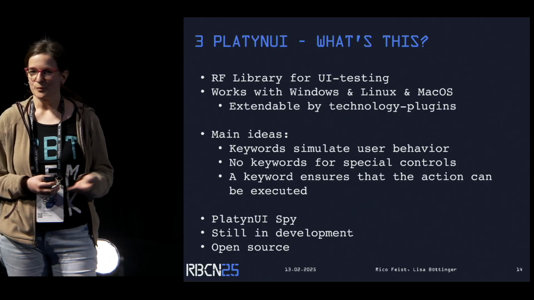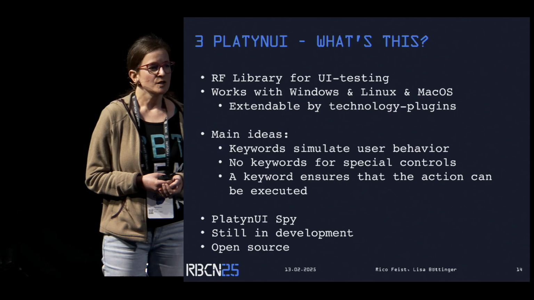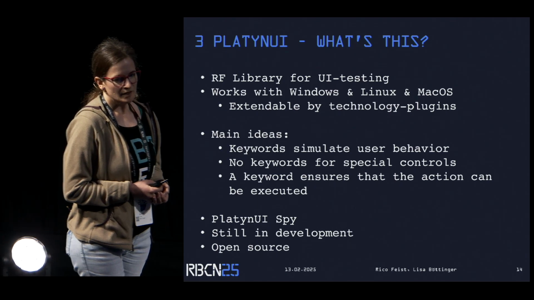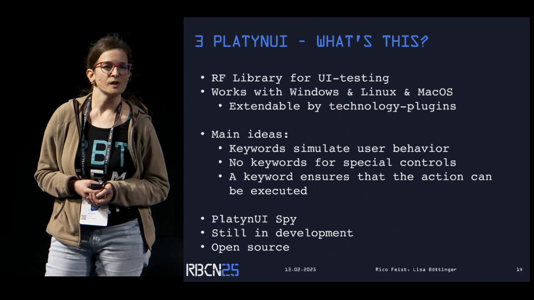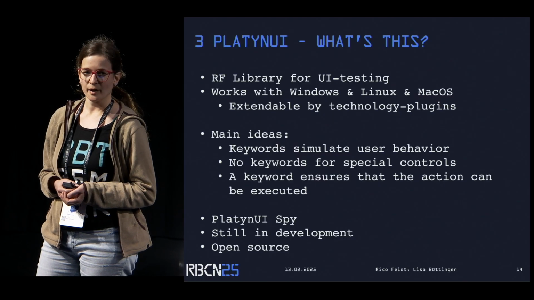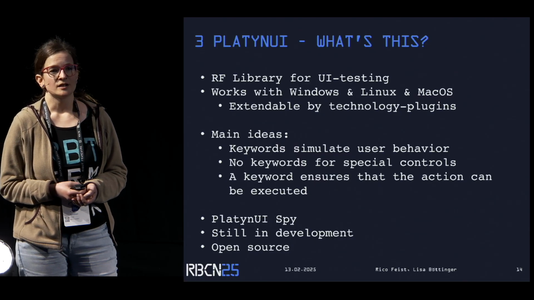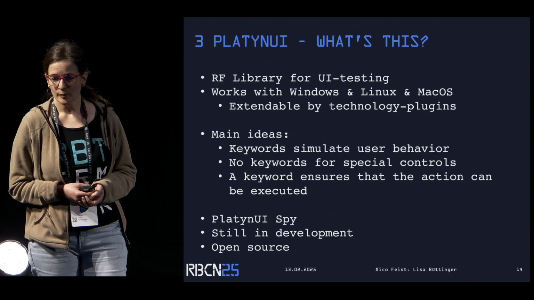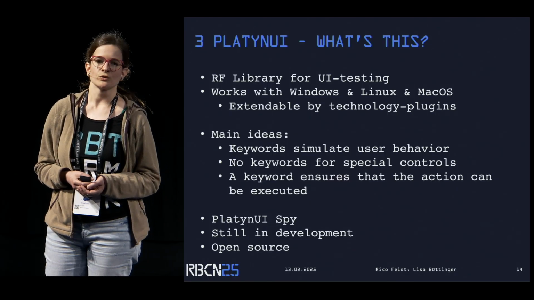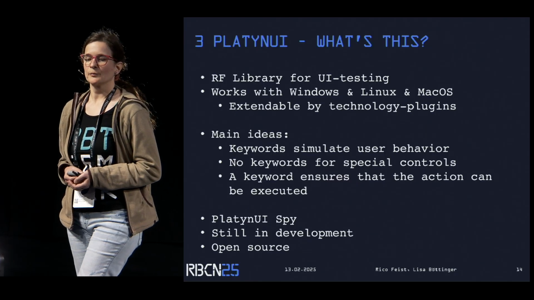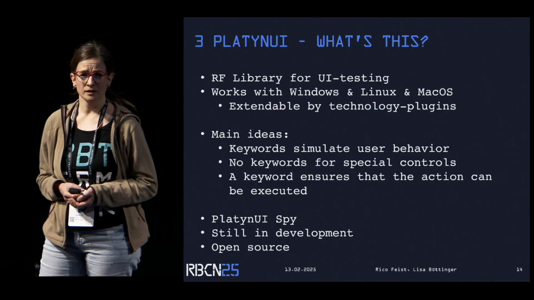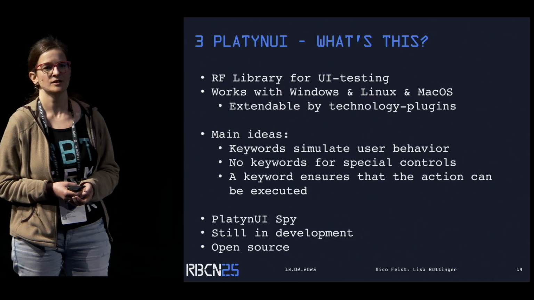And it is extendable by technology plugins. It comes with a built-in tool called the PlatynUI Spy. It is still in an early stage of development, and it is open source. And at the moment, 3 companies are investing in it.